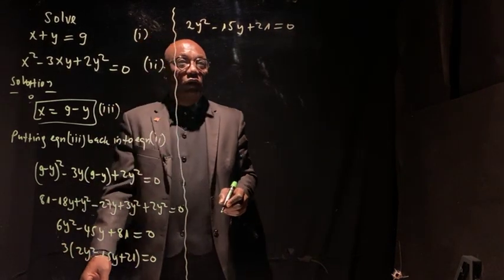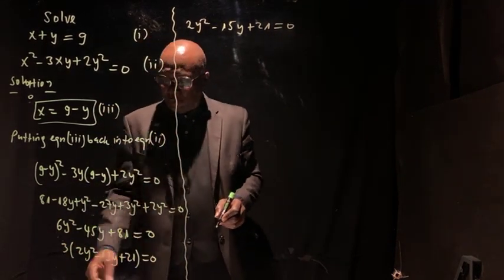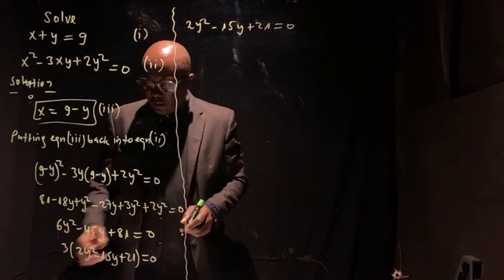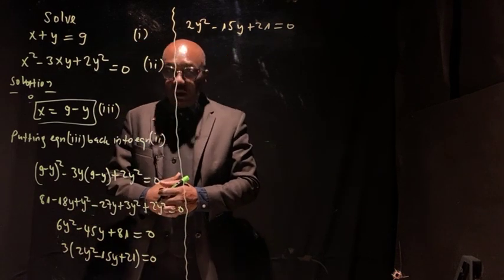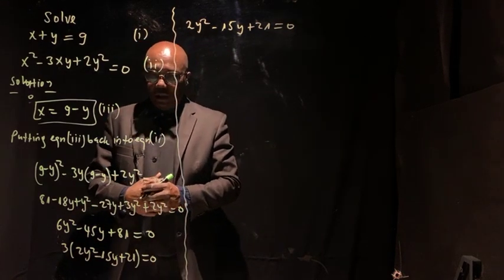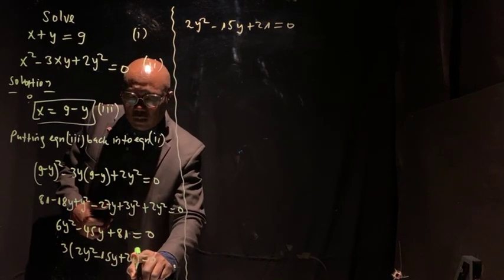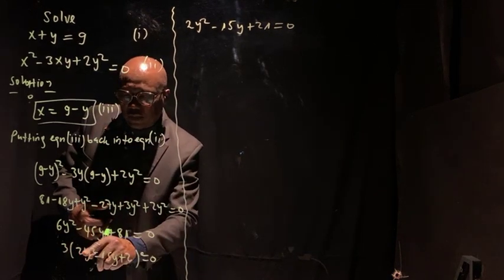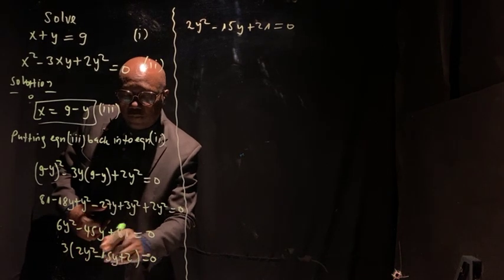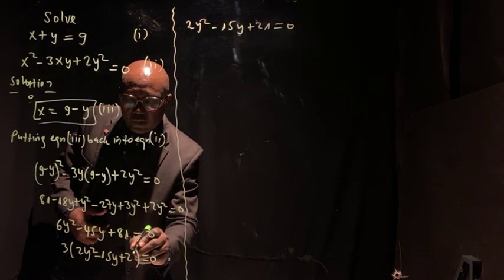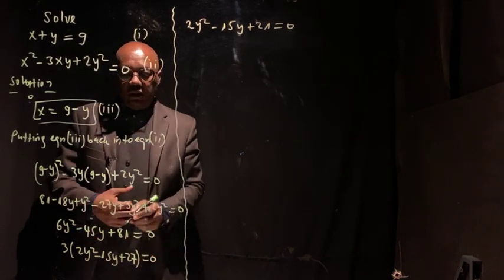Then this is a quadratic equation in y, and we can factorize it. Oh, sorry, this is plus 27 rather, because when we factorize 3 out, this is supposed to be 27.